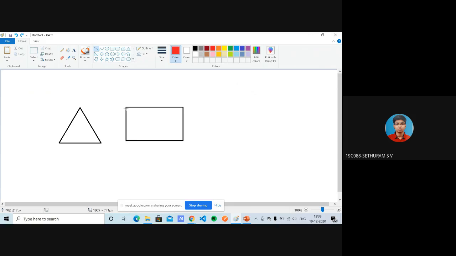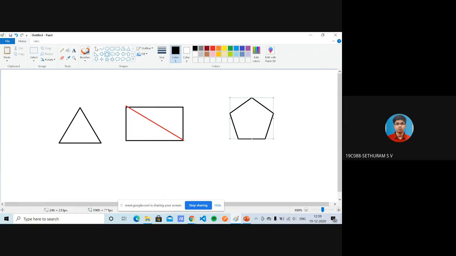And for a four-sided polygon, which is a rectangle over here, if you connect the opposite vertices of this rectangle, as you can see, it is triangulated now. And this goes the same for the pentagon also.